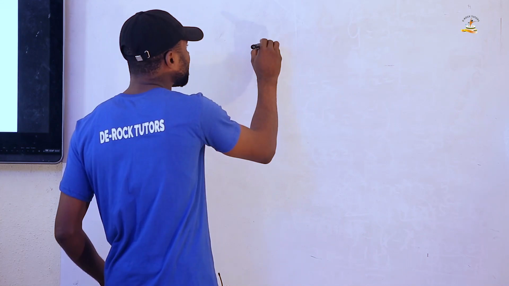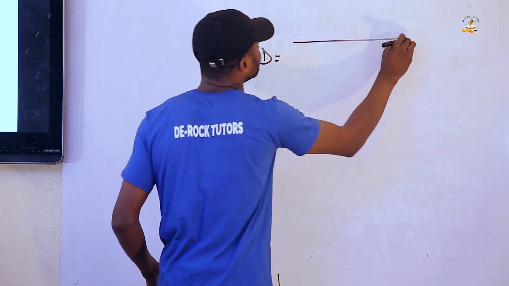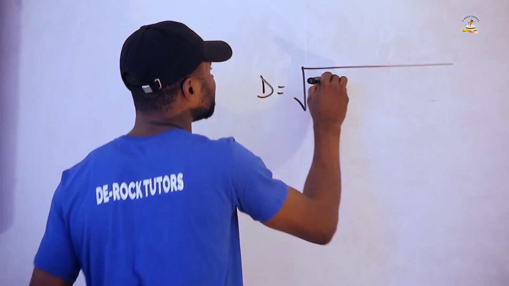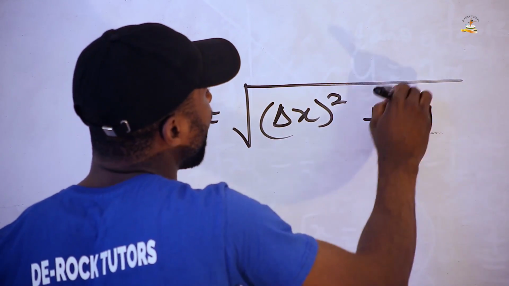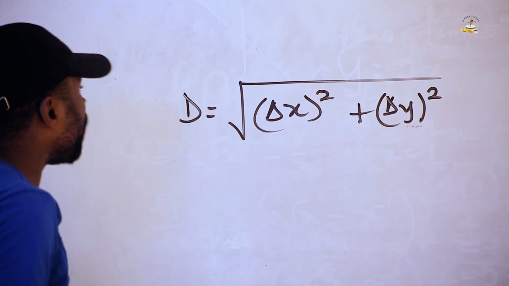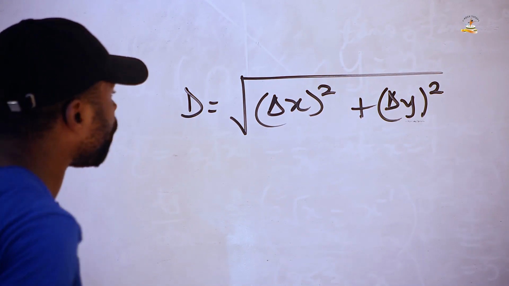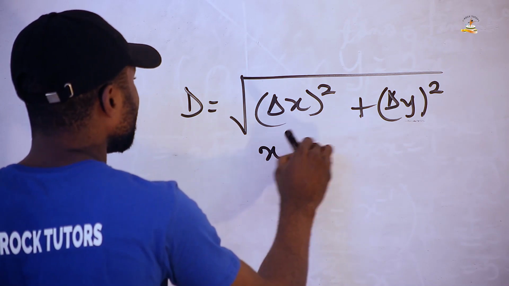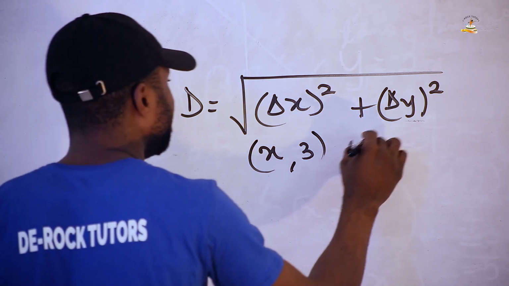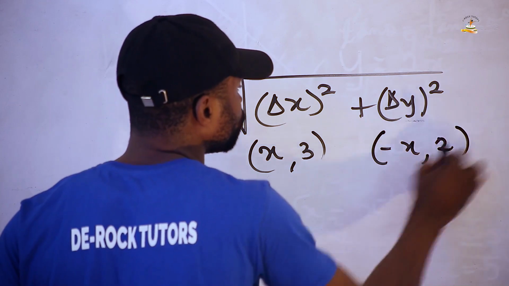Remember that the distance d between 2 points is given as the square root of change in x squared plus change in y squared. According to this question, we have 2 points. The first point is (x, 3), and the second point is (minus x, 2).